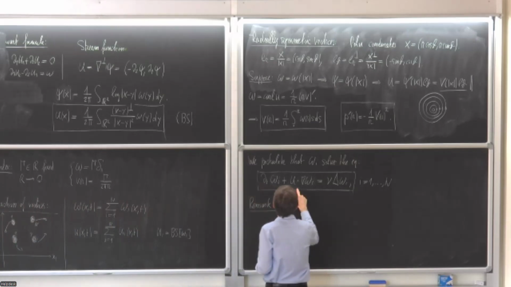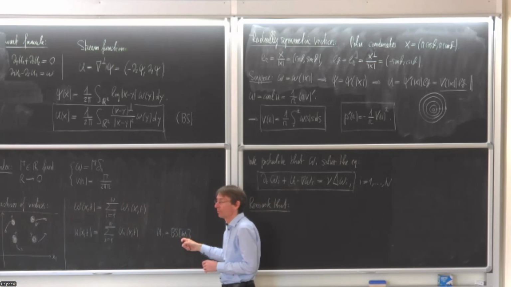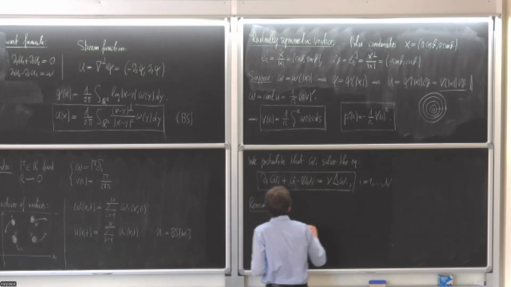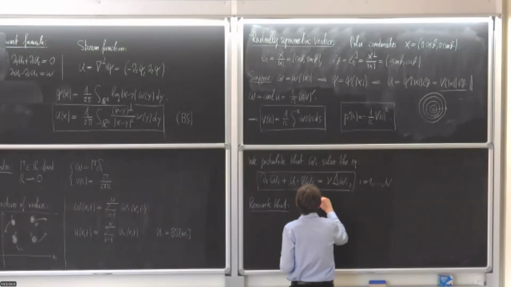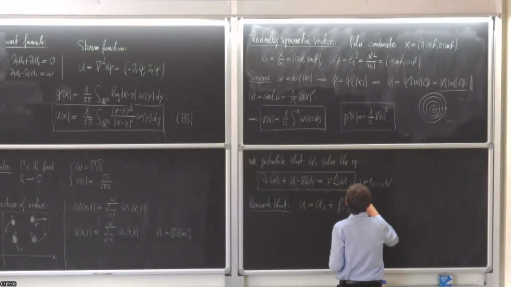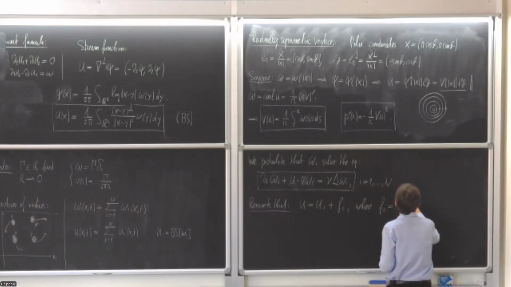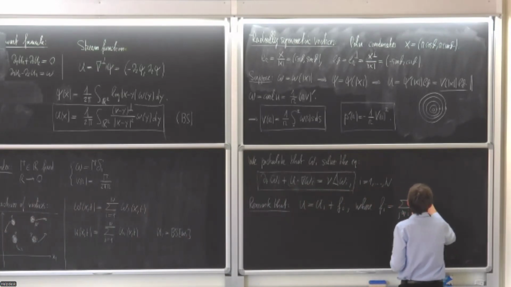Okay, this U is a sum of Ui, and the Ui are the Biot-Savart law applied to omega i. So you can write U equal to Ui plus Fi, where you define Fi equal to the sum over j different from i of Uj.